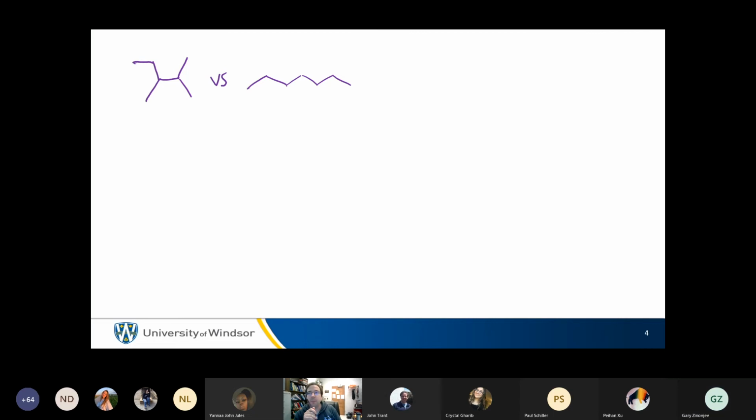But if I'm selling you a bottle of this and I call it heptanes, it could contain that because it's got 7 carbons. So it's a branched heptane, but you would name it as a pentane. Because it's going to have boiling points in the heptane region, not the pentane region.